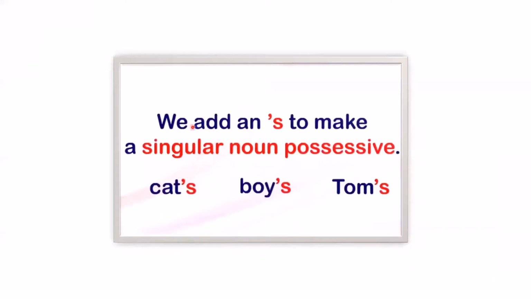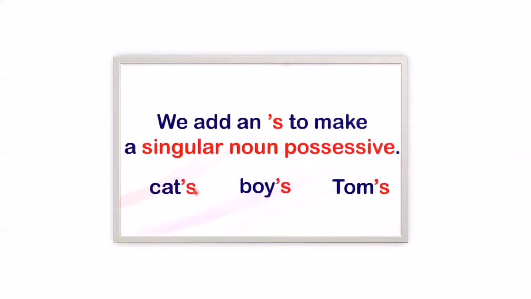See, we add an apostrophe s to make a singular noun possessive. For example, cat's, boy's, Tom's. So here it means when a particular noun is referring to only one. जब कोई भी noun हमें केवल एक के बारे में बता रहा है, एक को denote कर रहा है, then in that case, first we put apostrophe, then s.